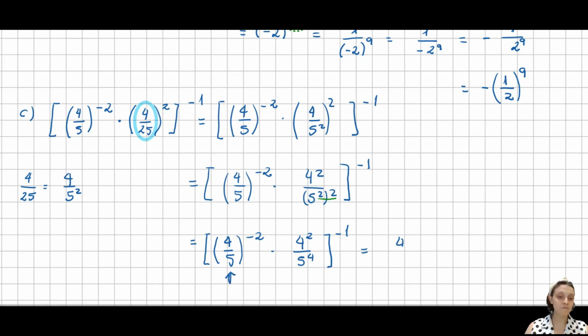So we have 4 to the power of minus 2 divided by 5 to the power of minus 2, and then we have 4 to the power of 2 divided by 5 to the power of 4.